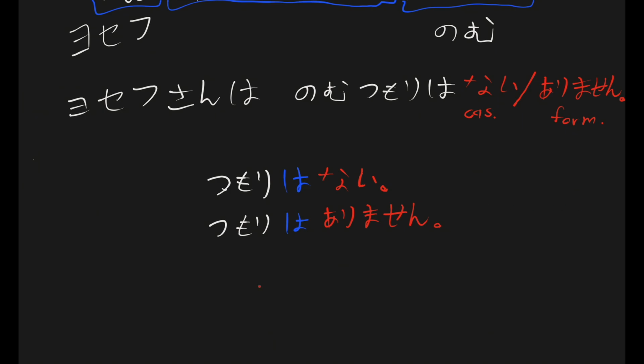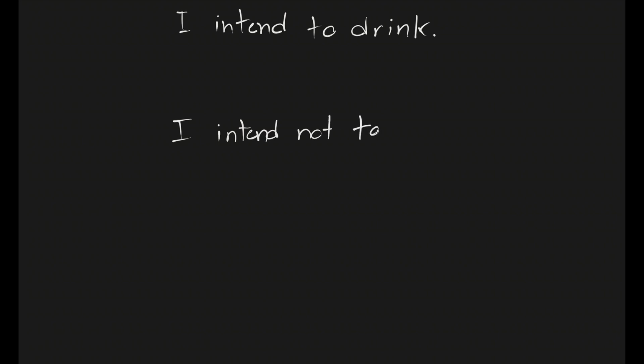Now, just to have a little check, we're going to write an example for all three ways, just to have an easy little place to compare all three. So let's do I intend to drink. I intend not to drink.